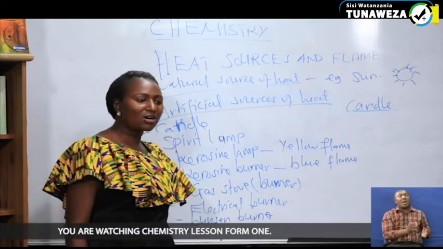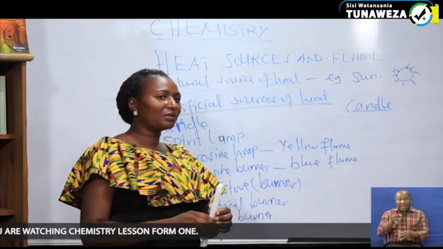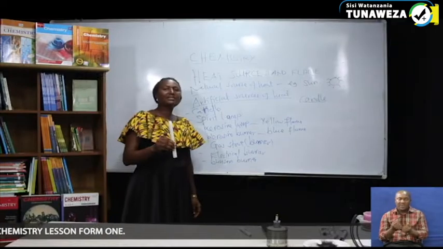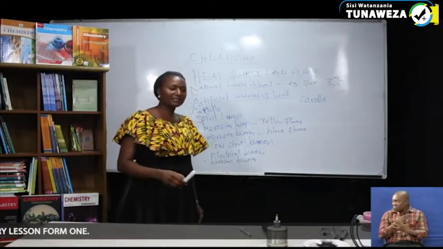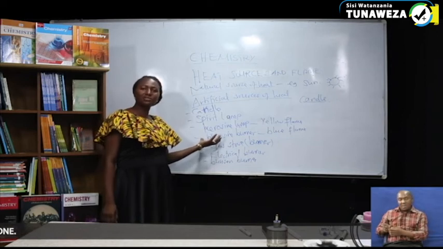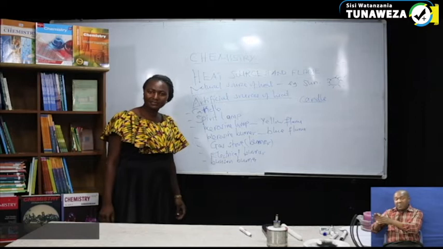Also, as I told you, a candle produces little heat, so it cannot be used for cooking. Therefore, the kerosene burner can be used in the laboratory for heating because it produces very high heat.